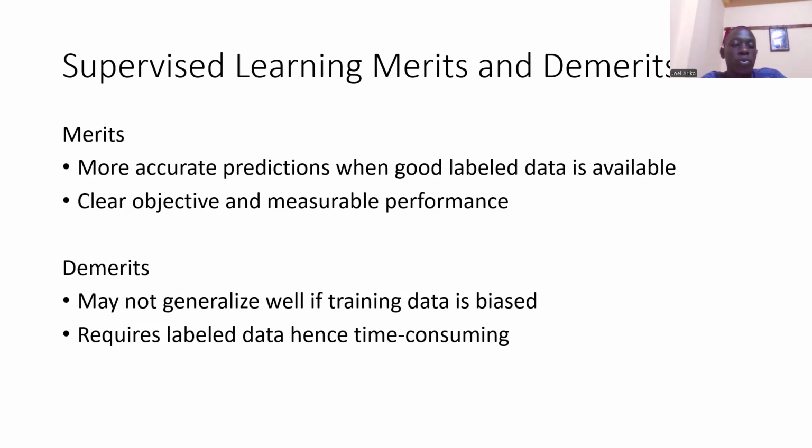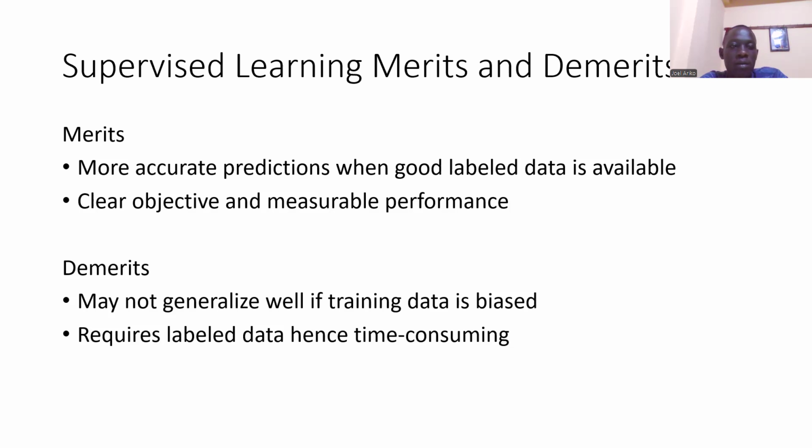Then we go to the disadvantages or demerits. One is that it may not generalize well if the training data is biased. For example, if you bias a particular data set, maybe you consider many more females than men, then predictions will be biased because the data set was not balanced. So you have to balance it.